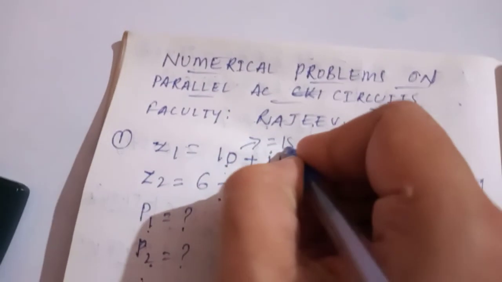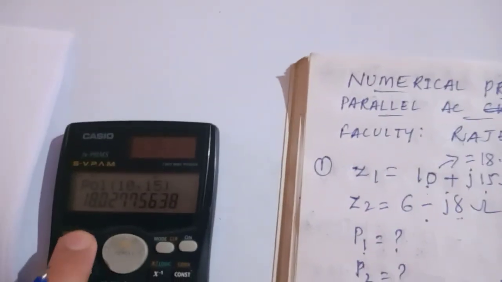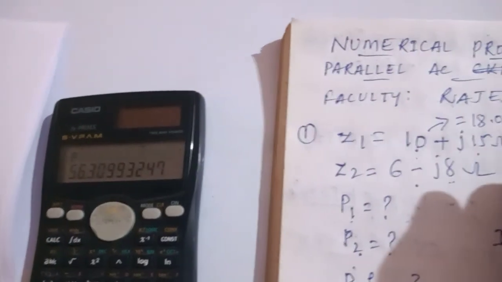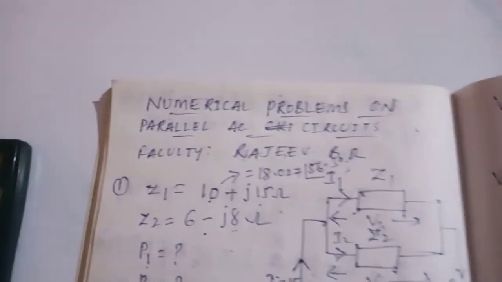It will come around 18.027 at an angle. Checking the angle, alpha is 56.3 degrees. So that is its Z1 value.